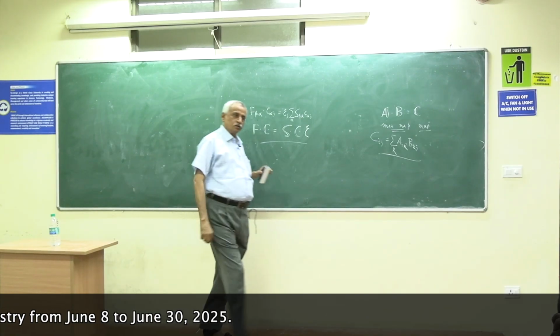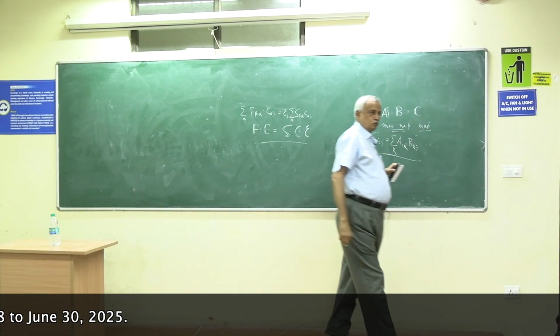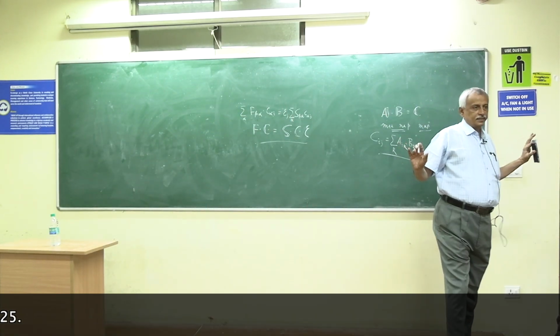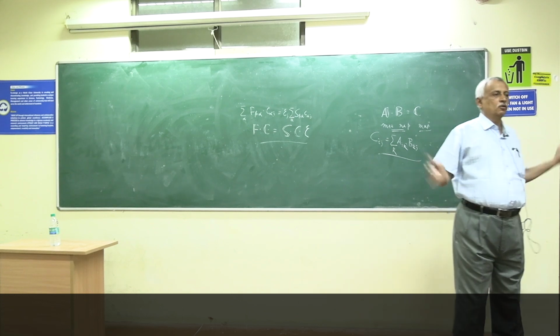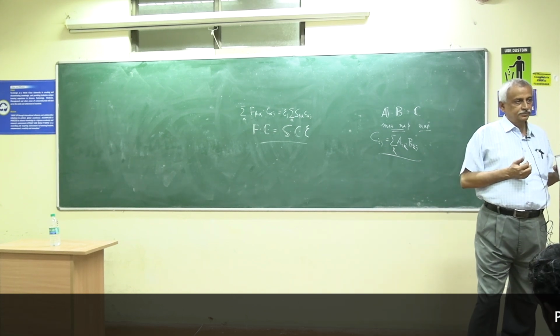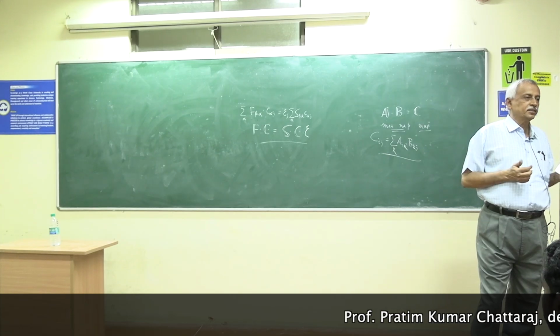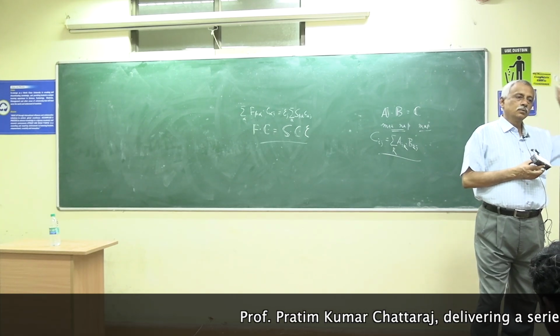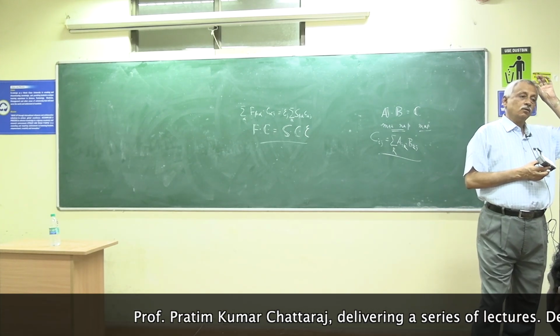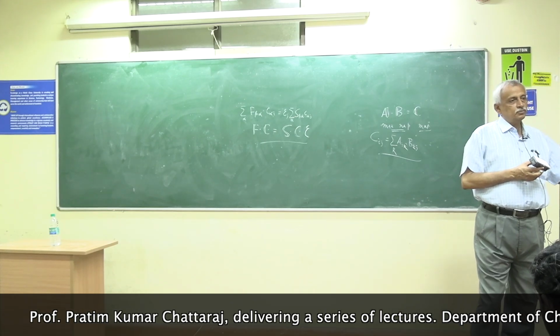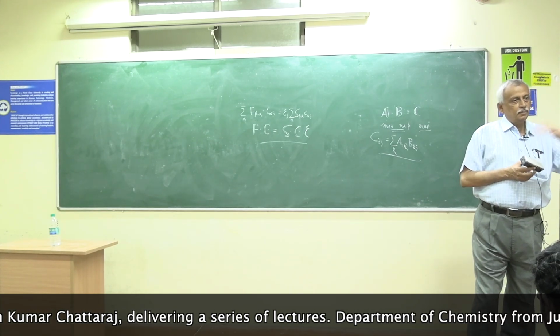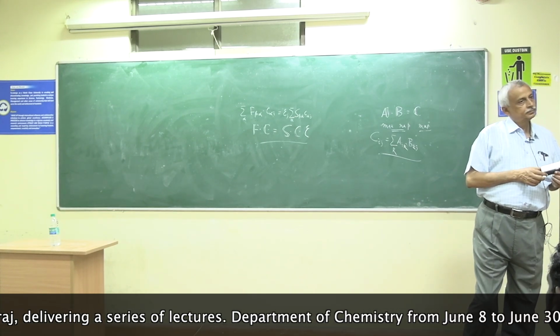This is the matrix equation. We have already learned how to create matrix equations and how to solve them. You can see that FC = SCE is the matrix equation into which we have converted my original Hartree-Fock equation in terms of a basis set.